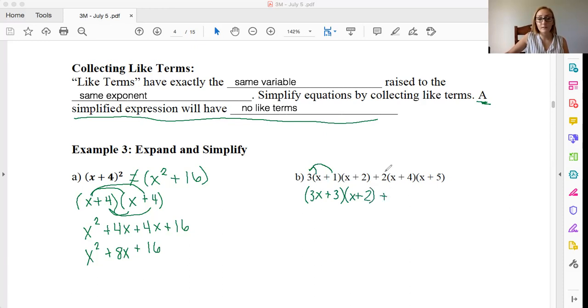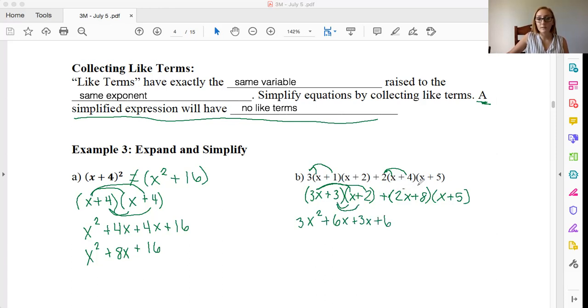You're going to do the same thing for the next one, so multiply 2 into the first bracket, 2x plus 8. Okay, so we're going to ignore this plus sign for now. All we're going to do is FOIL for both of these. So here we're going to do 3x times x, which is 3x squared. 3x times 2, which is 6x. 3 times x, which is 3x. 3 times 2, which is 6.